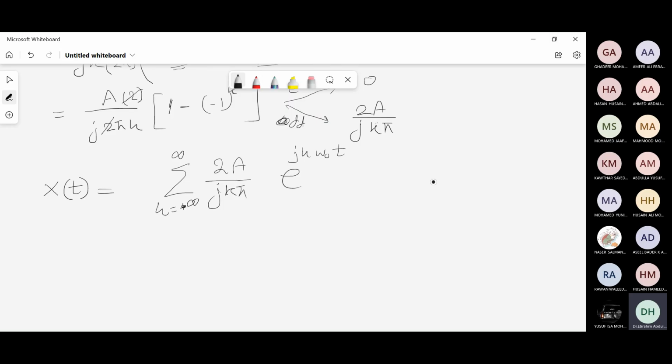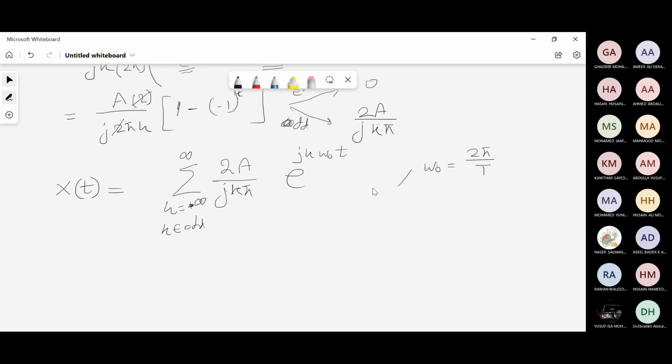So don't forget to put k belongs to odd, where omega naught equals 2 pi divided by t. You can replace this by 2 pi divided by t if you want, or keep it as it is.